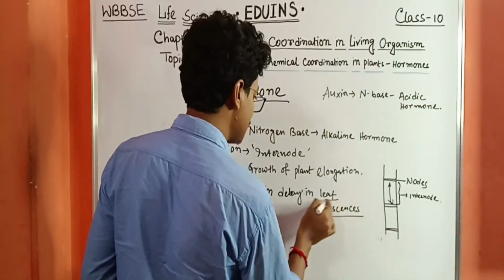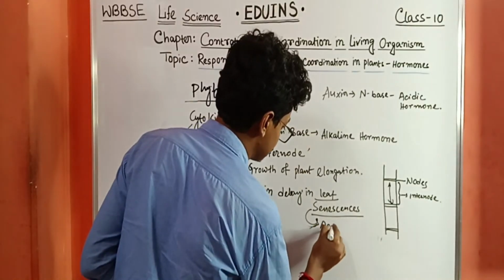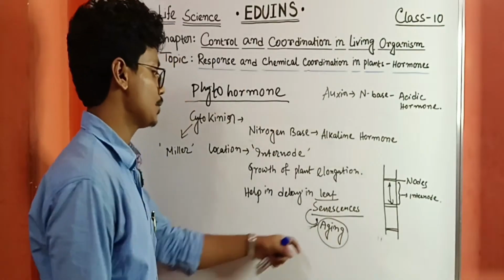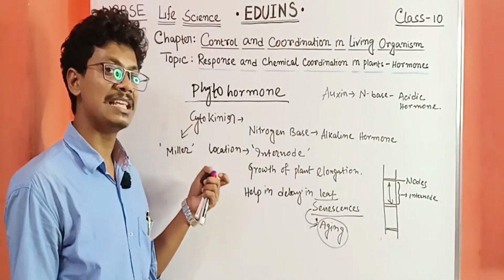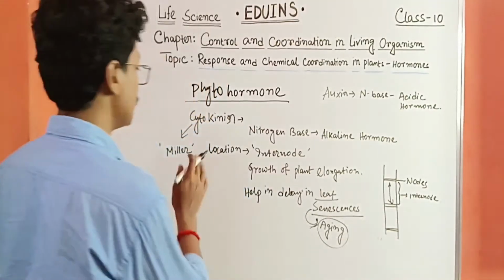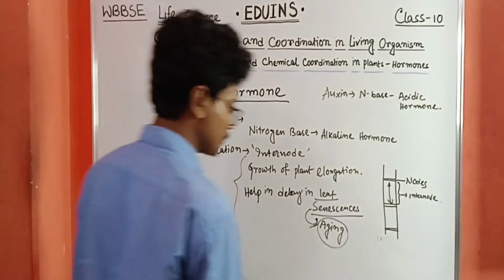What is leaf senescence? This is actually the aging. So this hormone helps to prevent the aging of the plant. So these are the main functions of cytokinin.